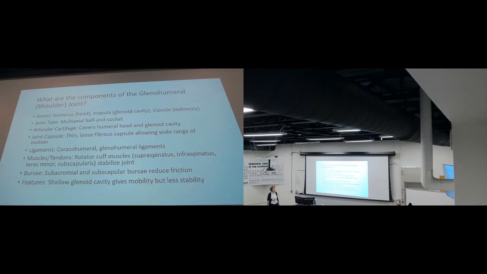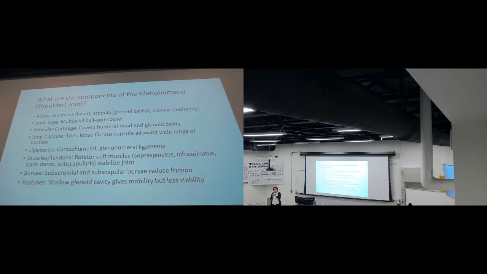And then we have a set of muscles that are called the rotator cuff muscles that help to stabilize this joint, like the supraspinatus and infraspinatus, that are posterior muscles that are located above the spine of the scapula and below the spine of the scapula. So those are supraspinatus and infraspinatus. And then just below this, we have the teres minor.